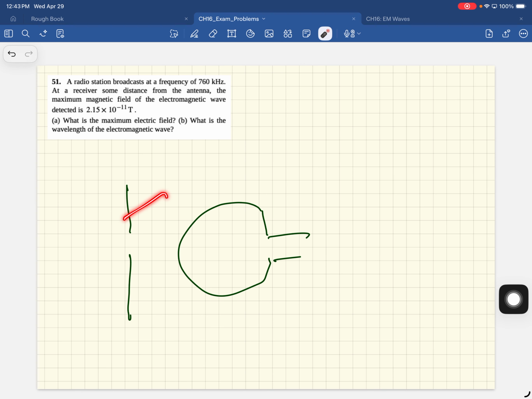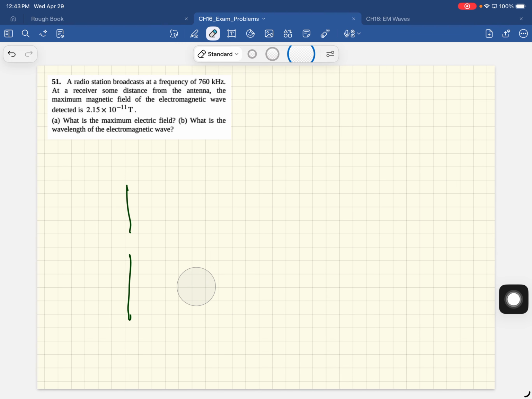This one detects the electric field, this one detects the magnetic field. As the magnetic field here changes, it induces a current in this antenna. In this one, the electric field induces a current in the antenna. So you can catch this signal by detecting the electric field or the magnetic field.